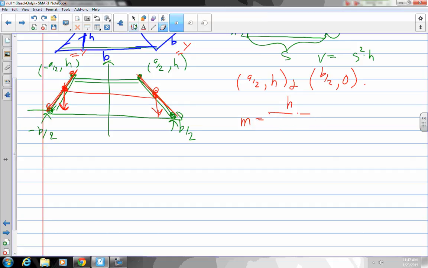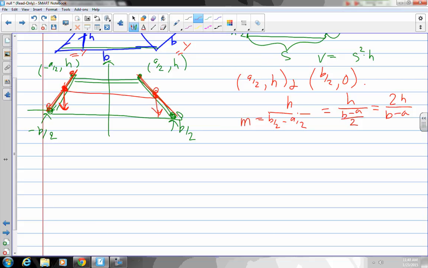So it's b over 2 minus a over 2. So that's h over b minus a over 2, the same denominator already. You flip it over, so it's 2h over b minus a. Is that okay? All right, so that's the slope.